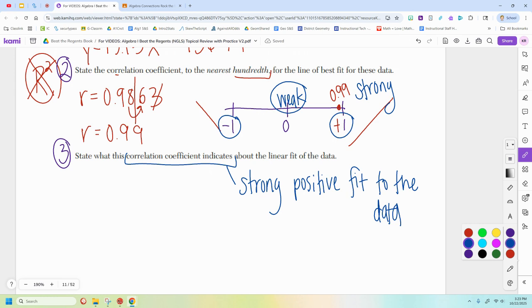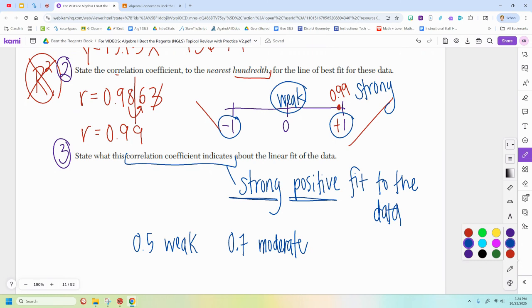You want to reference direction, which is positive or negative, and then talk about being strong. You could be weak if you're at like 0.5. If I were at 0.7, I might be medium or moderate.